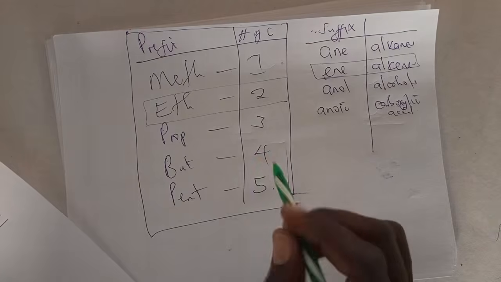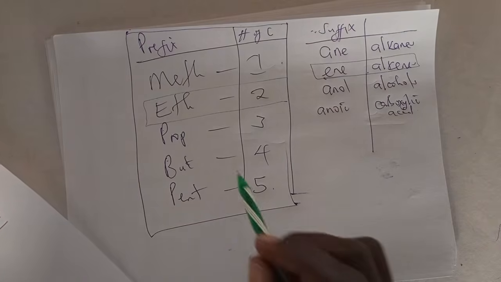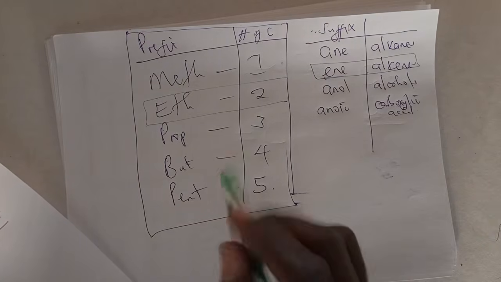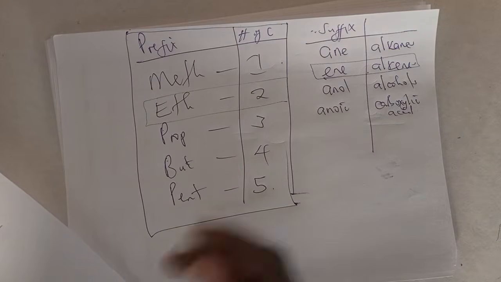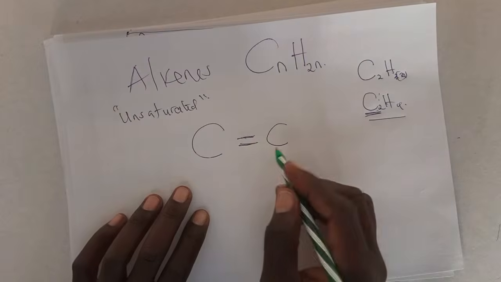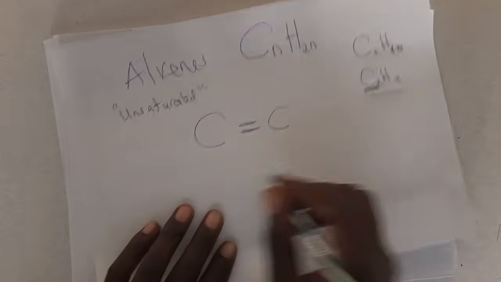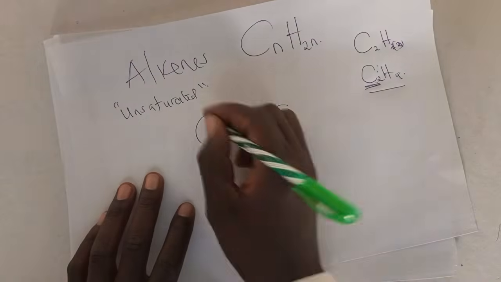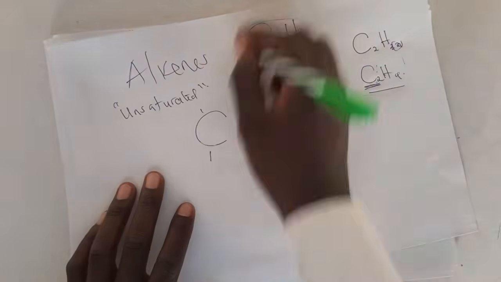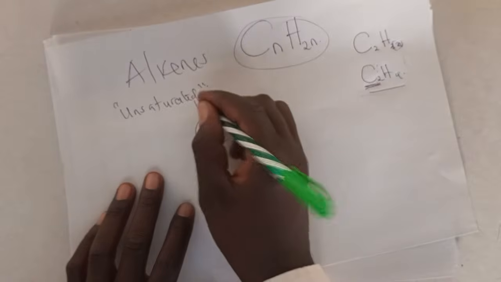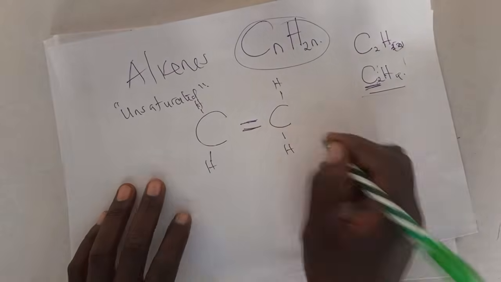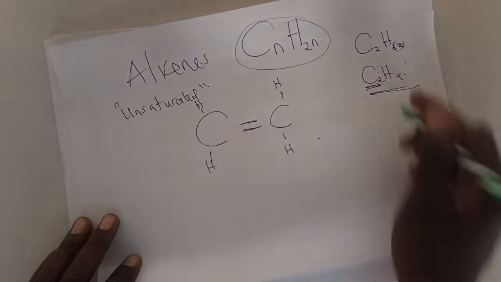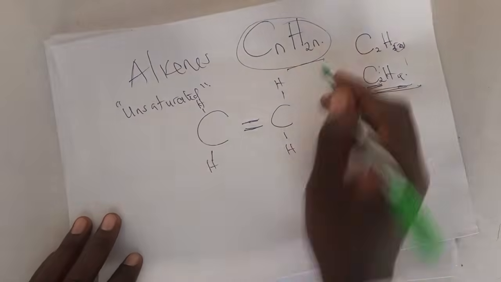It demands therefore that two carbon atoms must exist for the first one for you to have the double bond. So this is the first one, and it is called ethene. We've just discovered from the general formula that ethene has 4 hydrogen atoms, and we arrived at this using this formula.